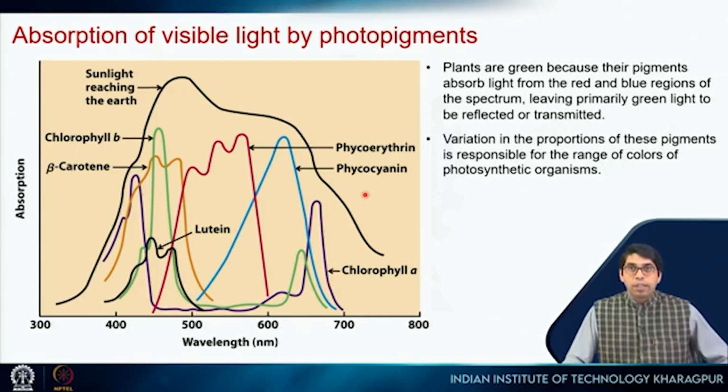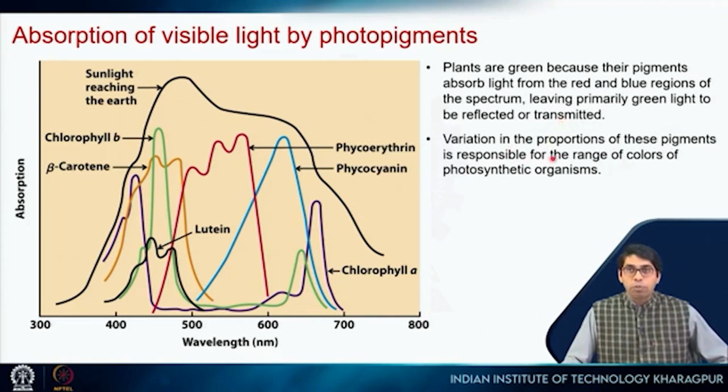Now it turns out that plants are green because their pigments absorb light mostly from the red and blue regions. So this is the blue region and this is the red region, which means that there is not much absorption in the green region. So the green light is either reflected or transmitted. So that is why we see that green light.